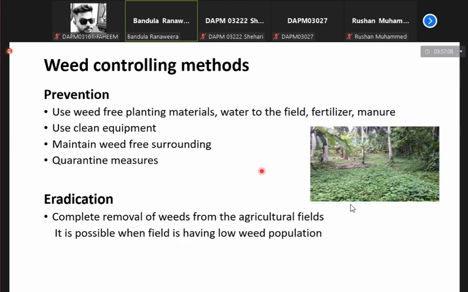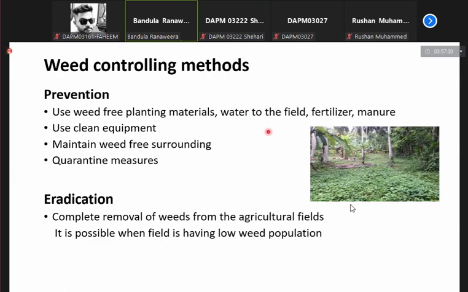So how to prevent weed establishment in our field? Use weed seed or propagule-free planting material. So your seed potato should not be contaminated by weed seeds.